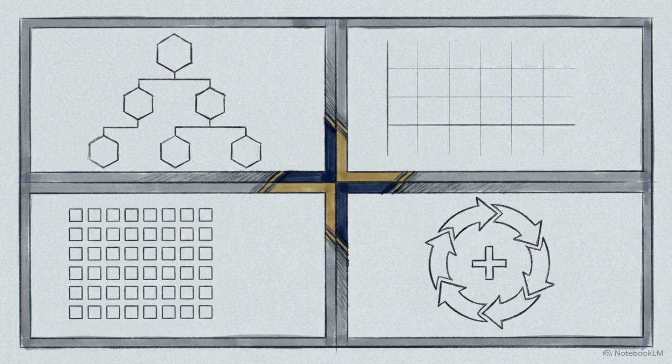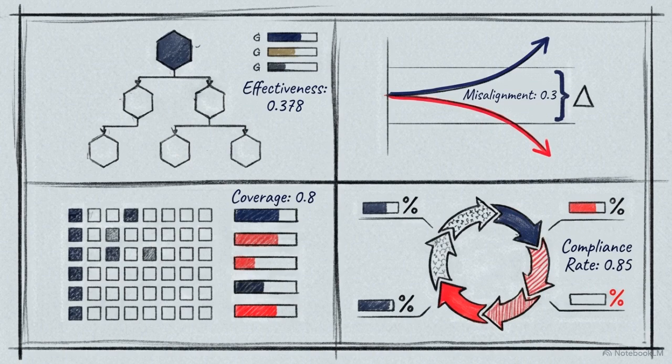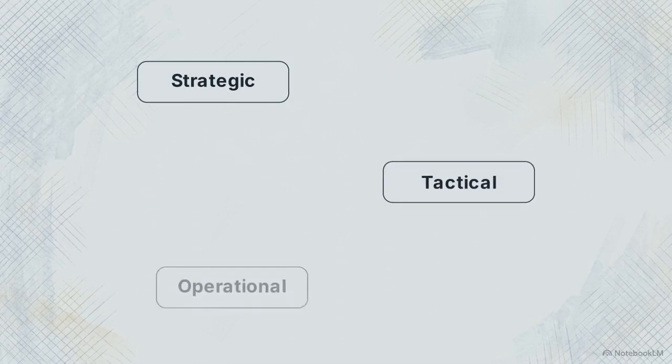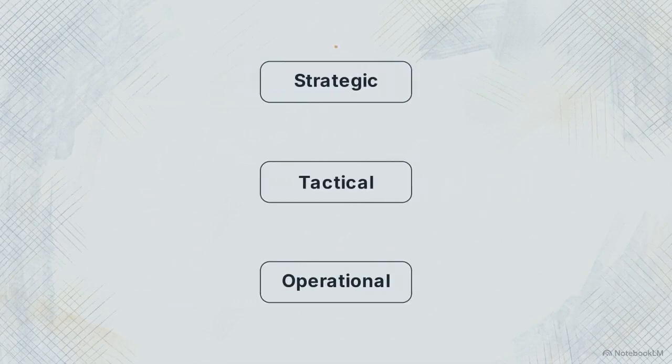This 4-panel digital dashboard displays the complete mathematical architecture we have built today: effectiveness at 0.378, misalignment at 0.3, coverage at 0.8, and a compliance rate of 0.85. Strategic, tactical, and operational planning must maintain strict hierarchical alignment to prevent multiplicative failure across the network.